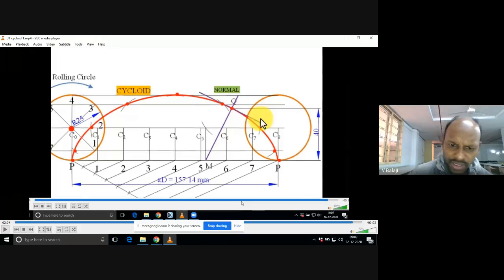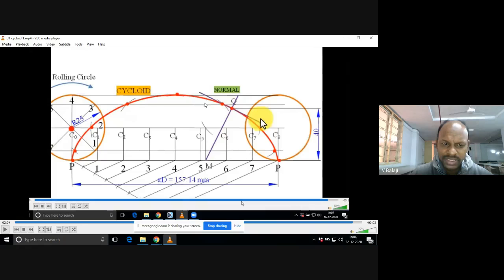Understand? Here, the line passing through 1 7 is a horizontal line, the line passing through 2 6 is a horizontal line, the center line also coincides with 2 6, and 3 5 is a horizontal line. The fourth line is also horizontal.